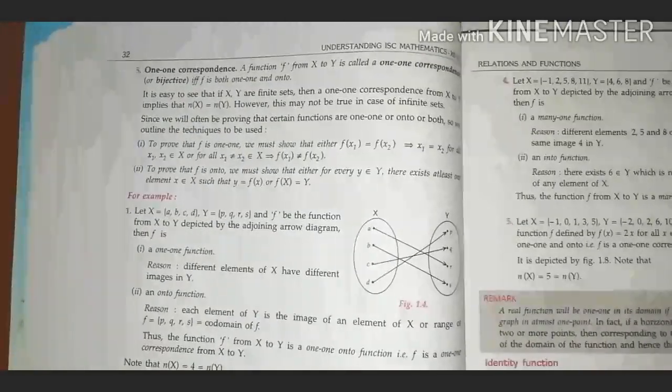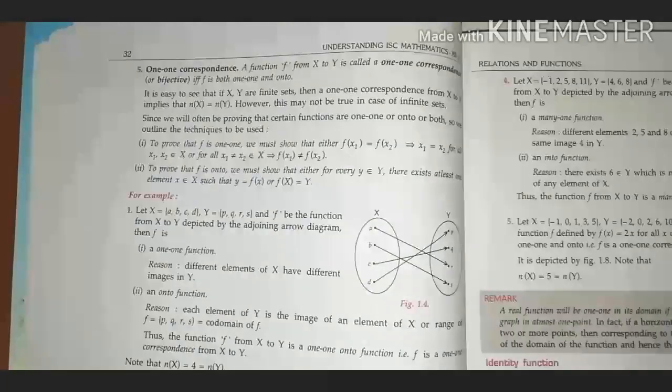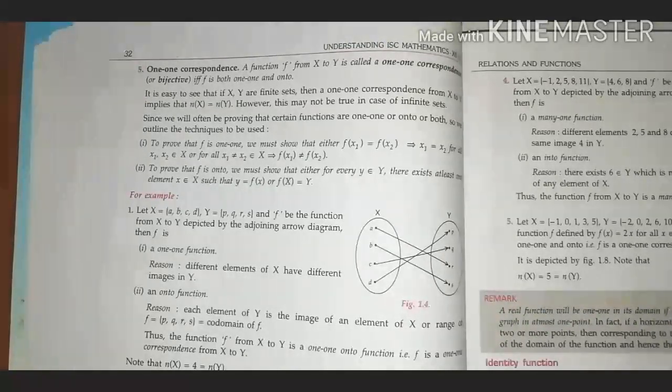Then if it is one-one and onto, what can we say? One-one means all the elements of the first set have unique, otherwise different, images in Y, and onto means all the elements of the second set must have a pre-image in the first set.